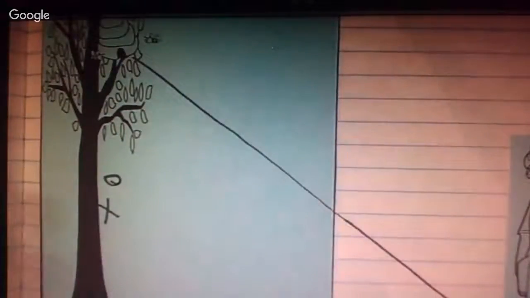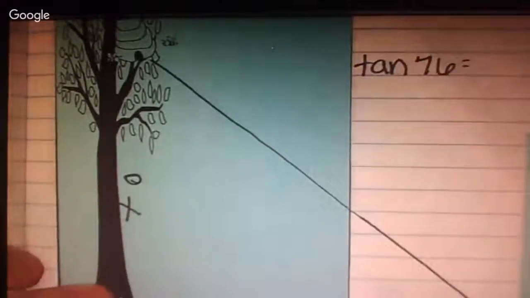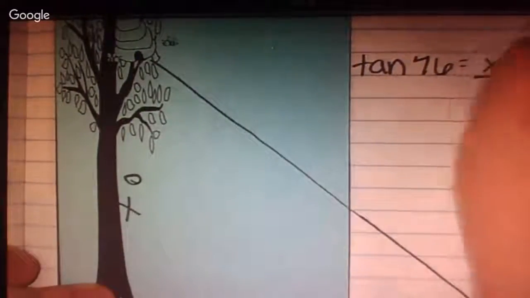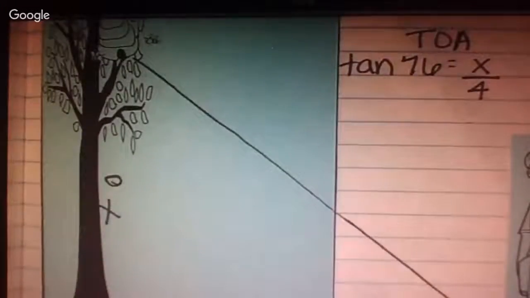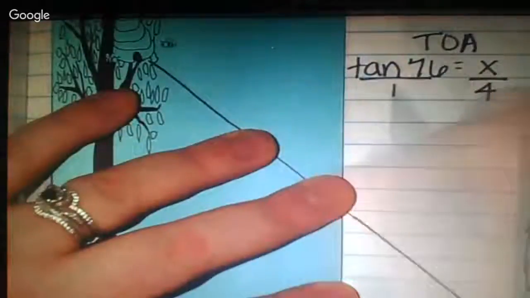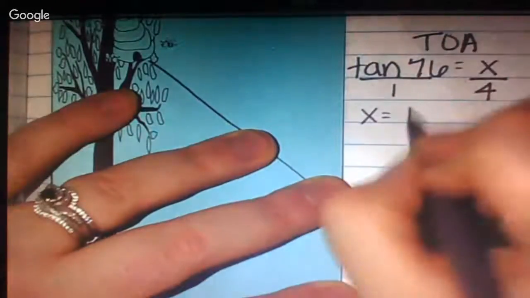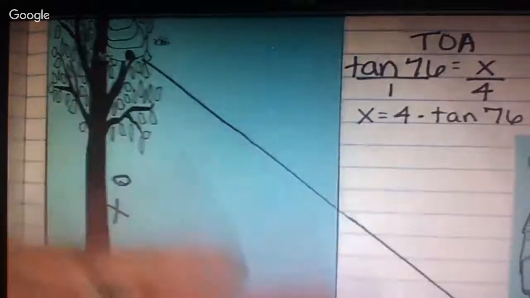So tangent of my angle is X over 4. Remember, this is TOA. So X goes on top, 4 goes on bottom. When I cross multiply, I get X equals 4 times the tangent of 76.